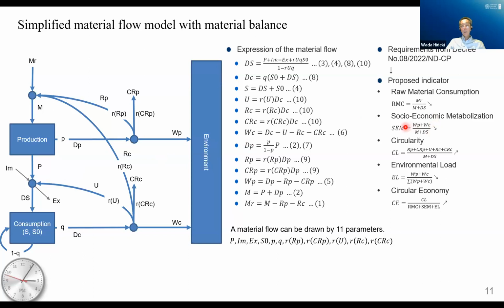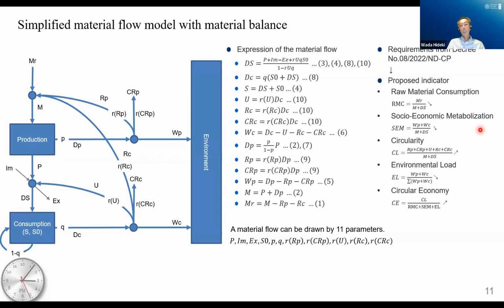Okay, the second one is the socio-economic metabolization part. WP and WC divided by M plus DS was tentatively used because we couldn't find any good indicators so far for this socio-economic metabolization. Because if we evaluate that this product is metabolized and this product is not, then we need a standard value of the used amount for one product.